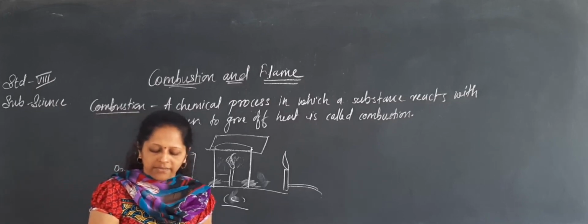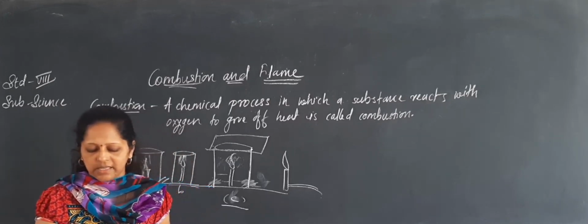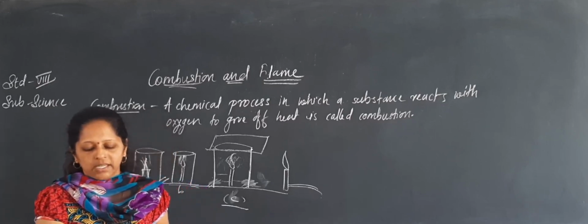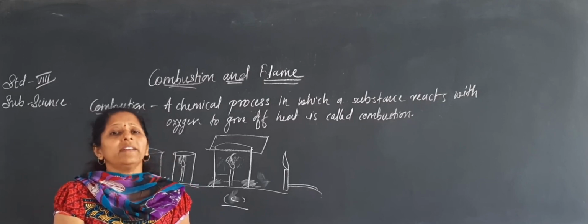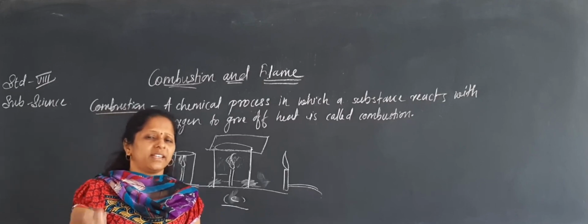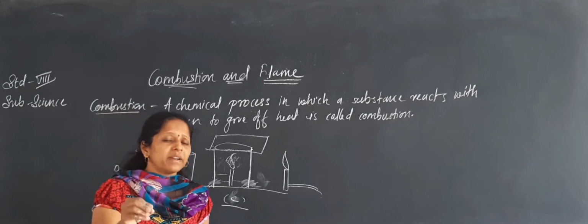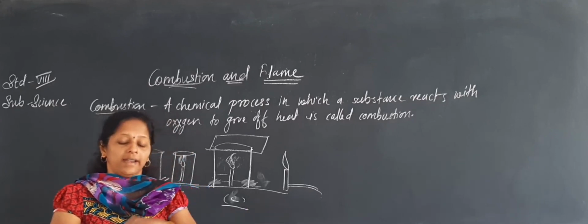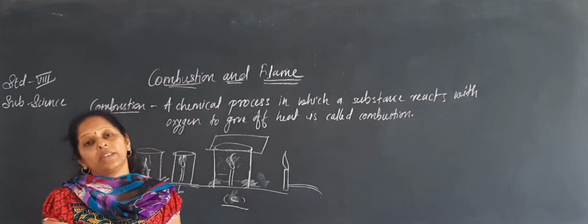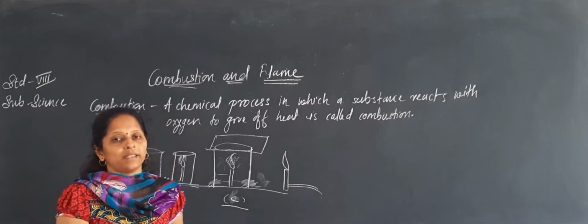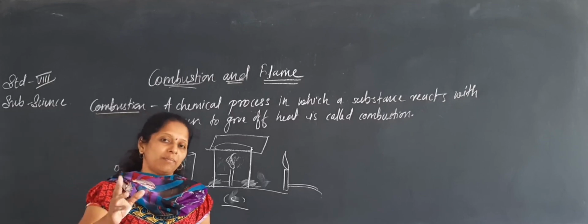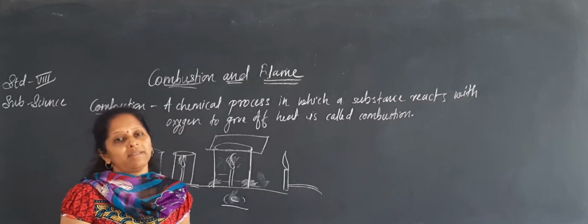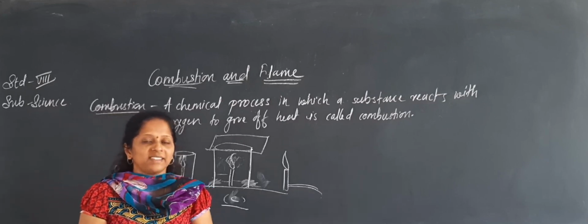You might have heard that when the clothes of a person catch fire, the person is covered with a blanket to extinguish it. So whenever a person catches fire, taking a blanket and wrapping it around, the person's body is covered immediately, because that blanket cuts off the oxygen supply to the fire.